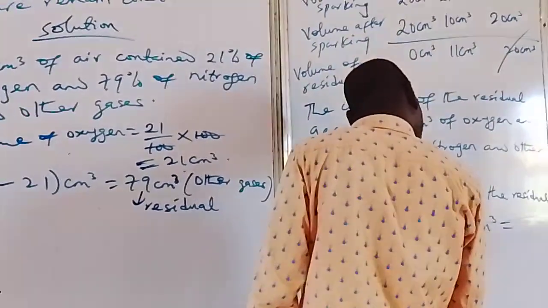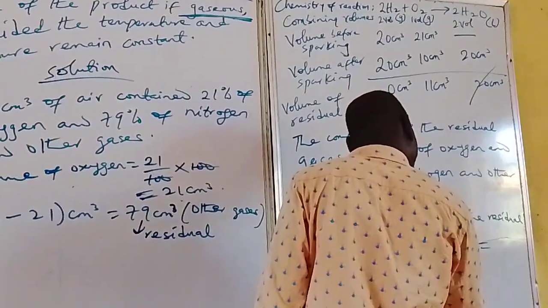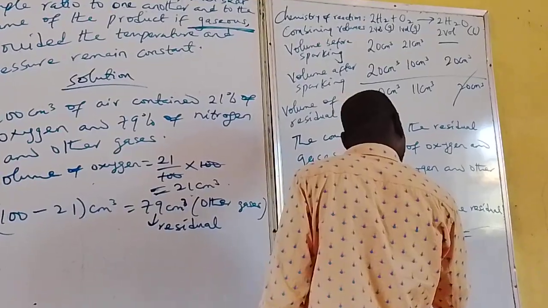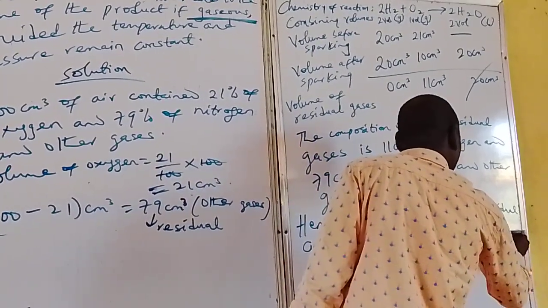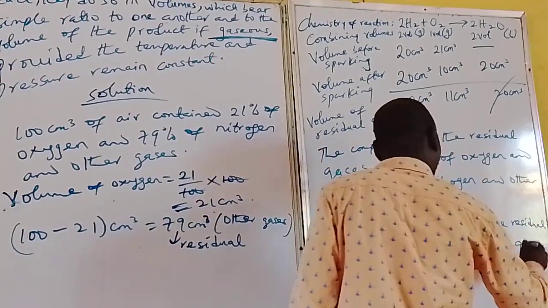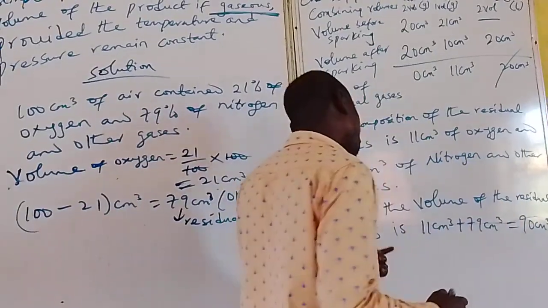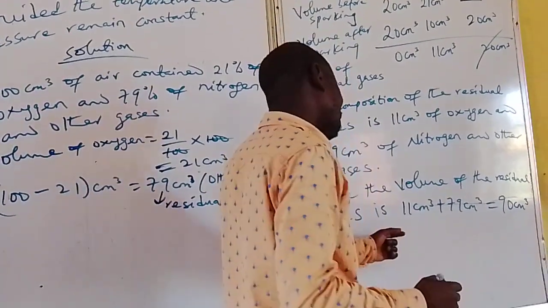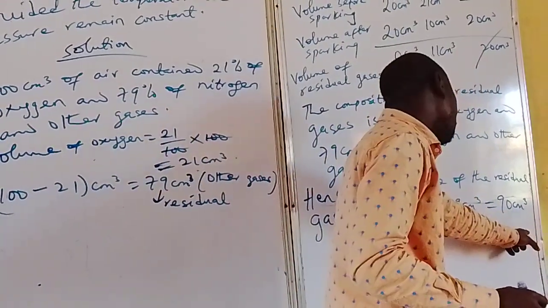What is the numerical effect? 1 plus 9, 10, keep 1; 1 plus 7, 8, plus 1, that's 90 cm³. So the computation of this is 90 cm³. Hence the volume of the residual gases is 90 cm³.